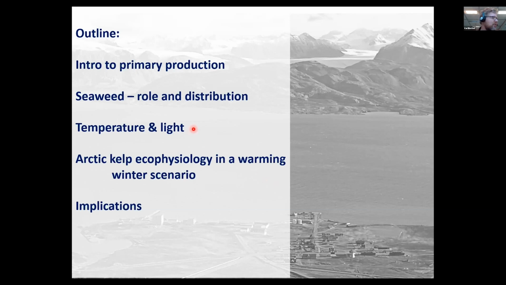I would then like to introduce you to a case study, how Arctic kelp ecophysiology might be affected in a warming winter scenario in the Arctic. Consider that particularly winter temperatures are rising in the Arctic. And then, of course, we can talk about the implications of all of that.